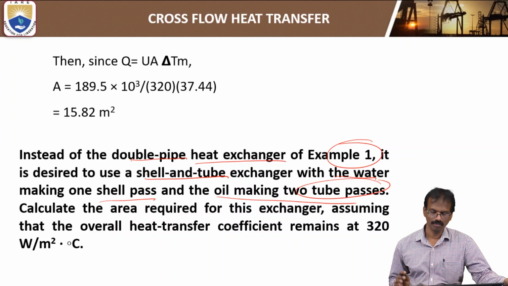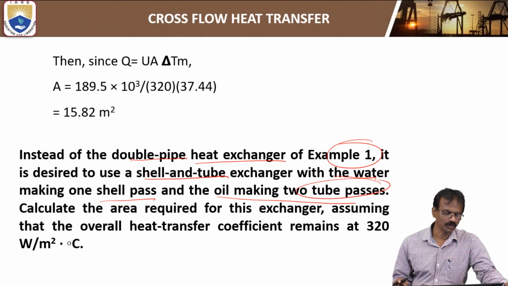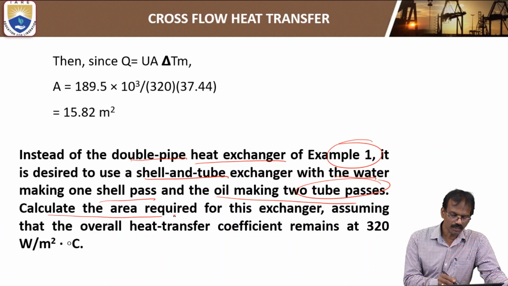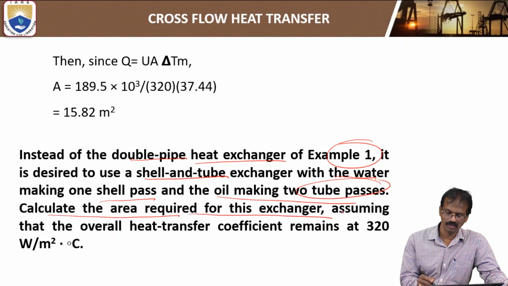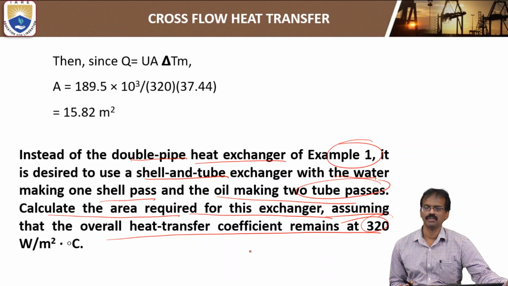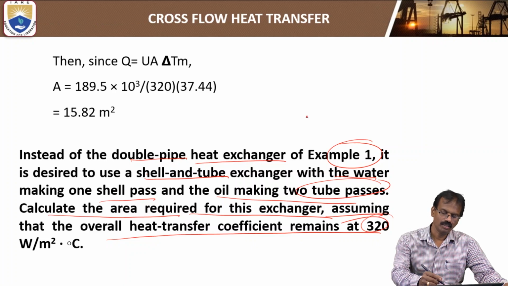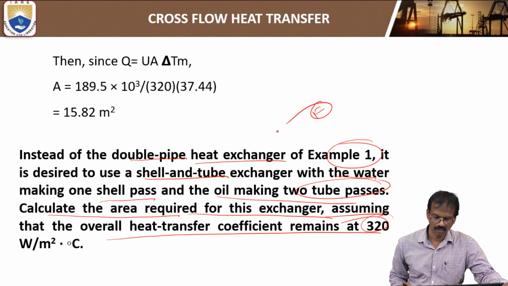Based upon the condition, we have to take the figure for finding the correction factor. Calculate the area required for this heat exchanger, assuming the overall heat transfer coefficient remains at 320. Same setup. Then we have to add the correction factor F.